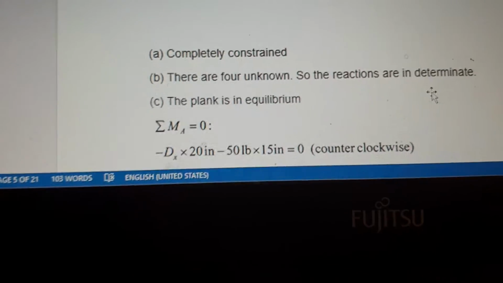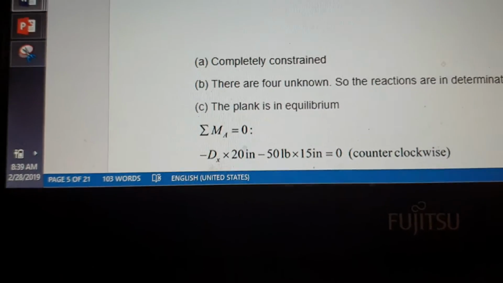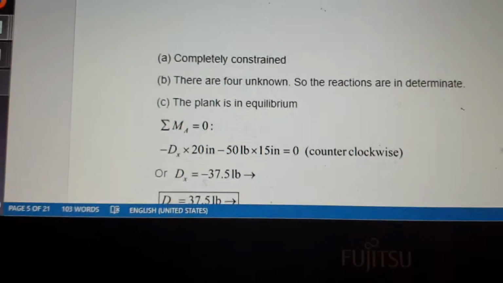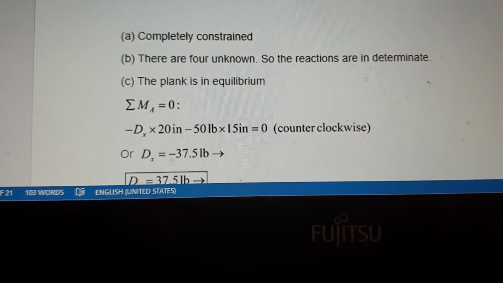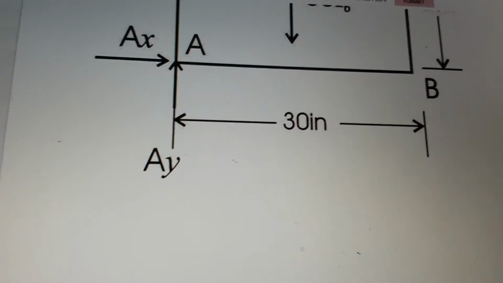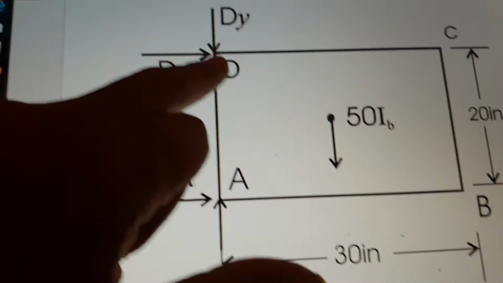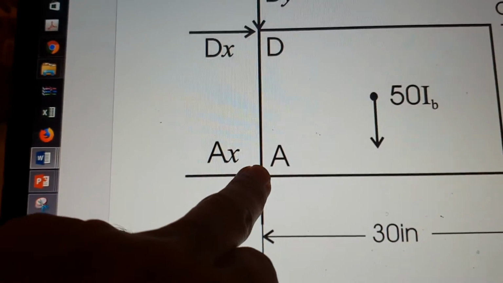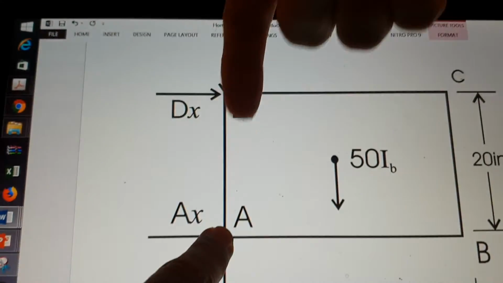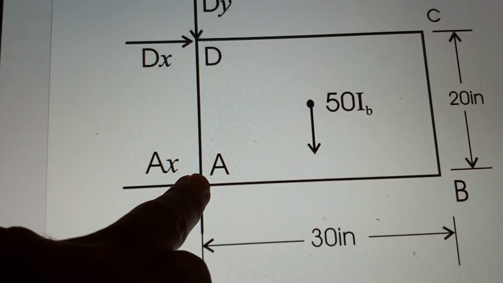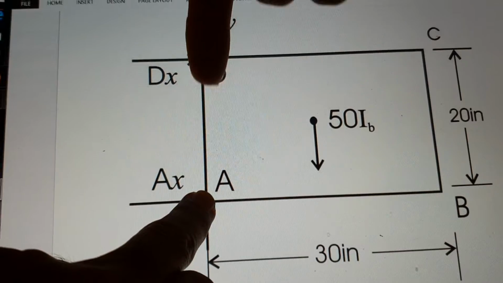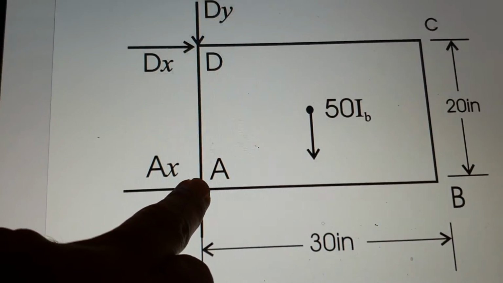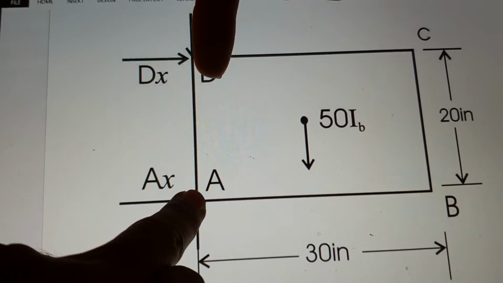So the plate is in equilibrium, and let's find the summation of moment at A. Either you take it at A or at D. If you take moment at A, remember, Dy is in the line of action, so there's no perpendicular distance between A and D, so this will go.